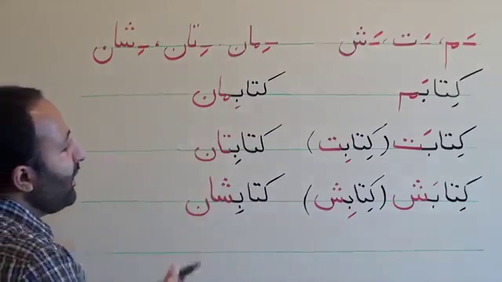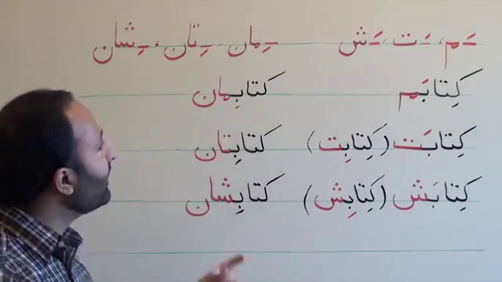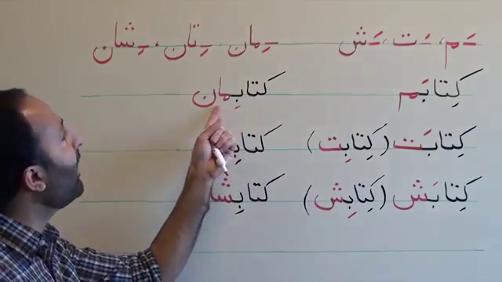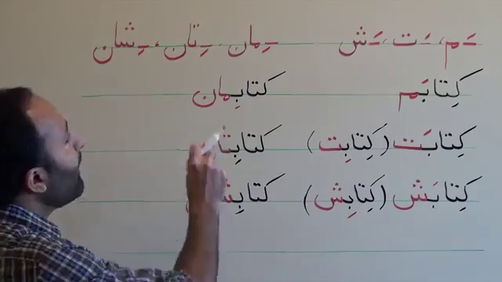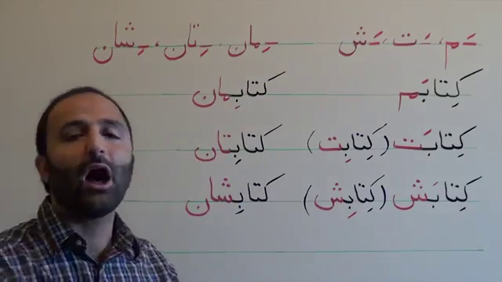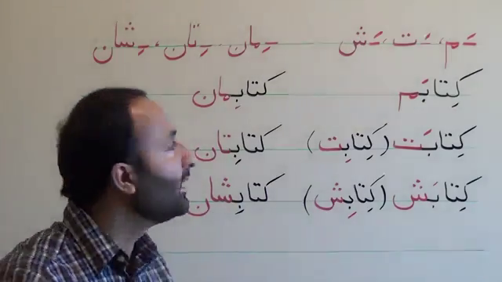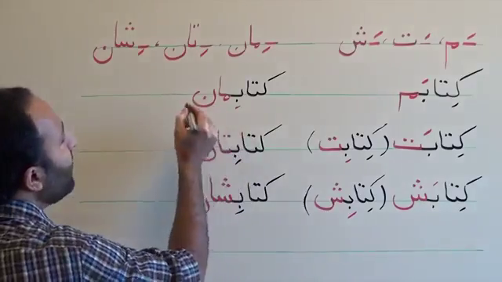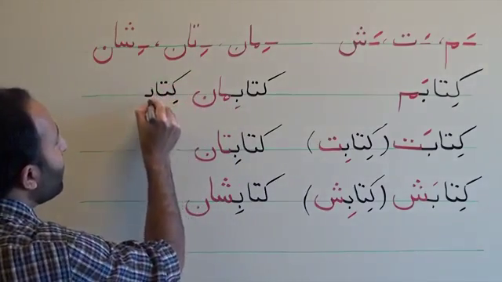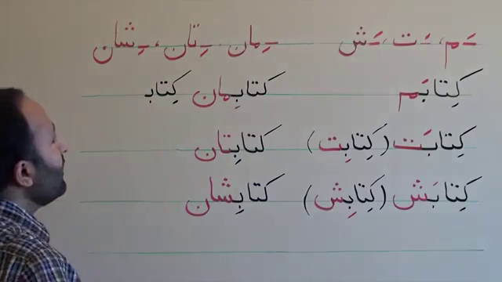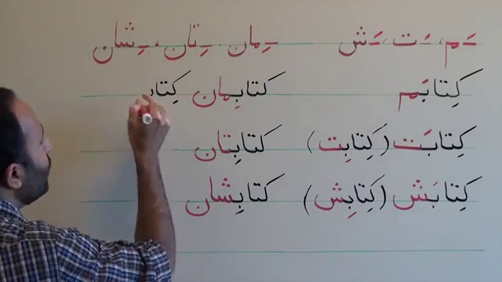And for these endings, in written form they are man, tan, and shan. In spoken form, man and in general an changes to un. For example, kitabeman changes to kitabemun.